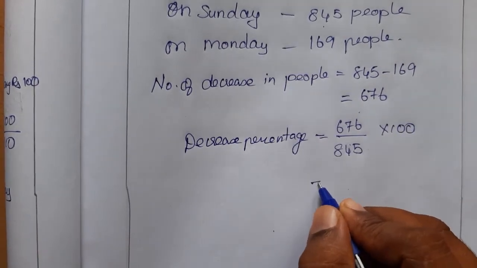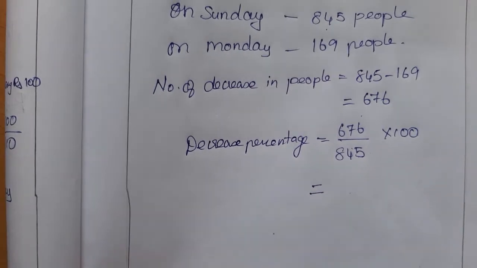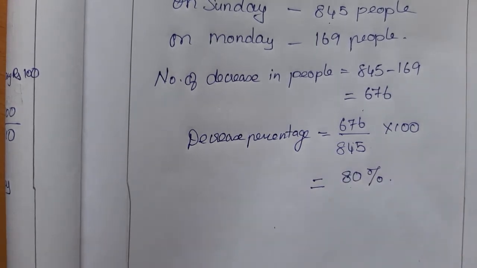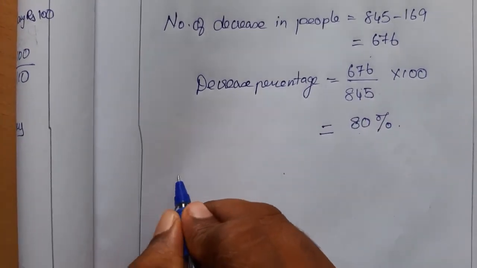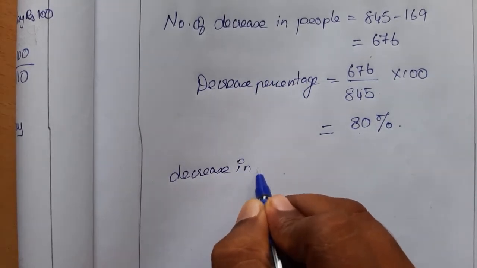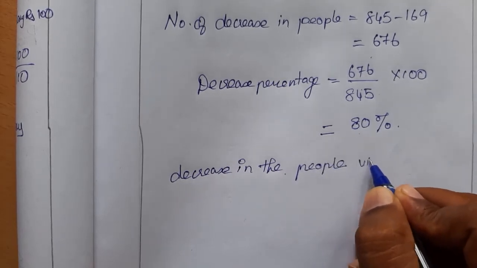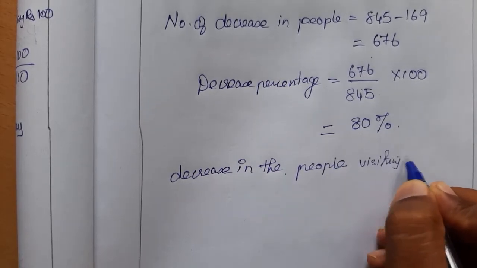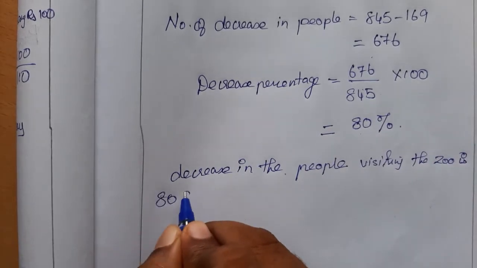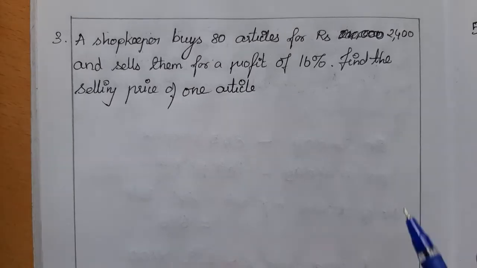So this we have to simplify, right? If you simplify, we will be getting it as 80%. Clear? So therefore the decrease in the people visiting the zoo is 80%. Clear? So here we go for the next problem.